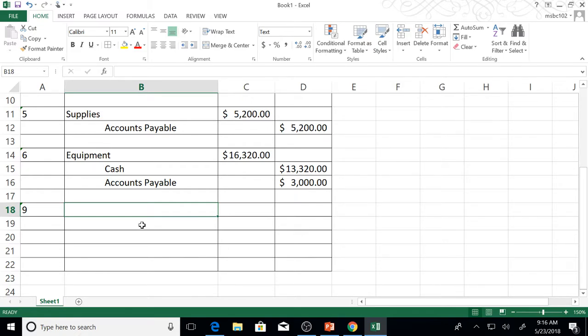So what should I debit now? I debit accounts payable because it's going down, it's a liability. Credit cash. For how much was it? 2,600.